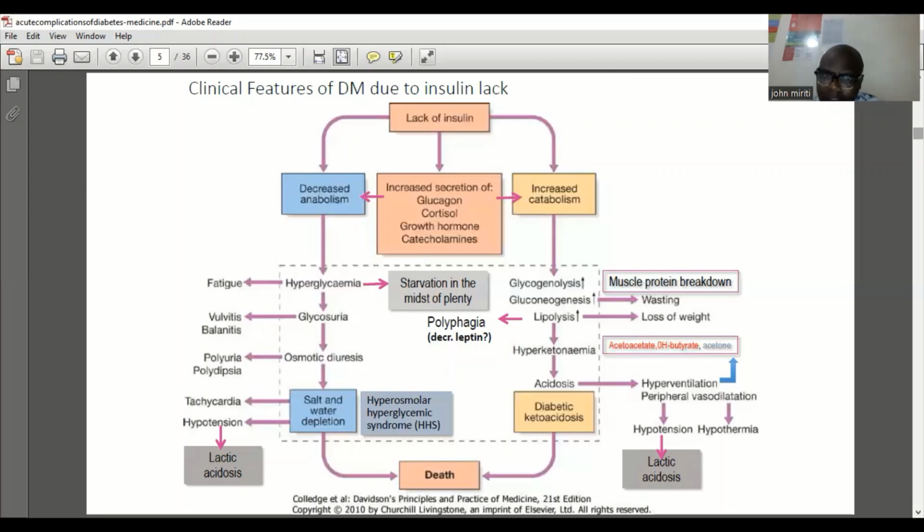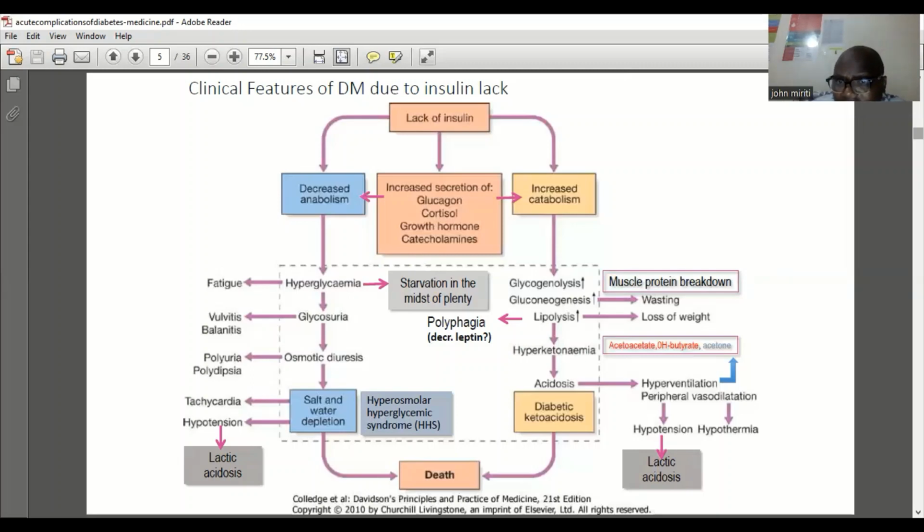So what happens if there is an increase in catabolism? It means gluconeogenesis increases. The liver starts stimulating gluconeogenesis, so the stored glucose is mobilized, and in the muscles protein is broken down.